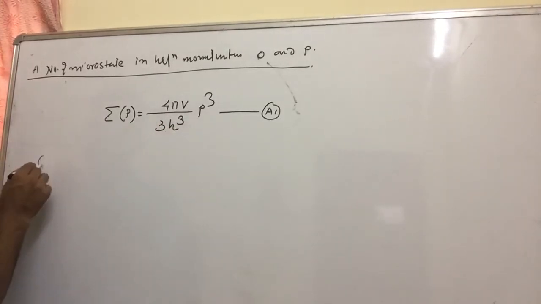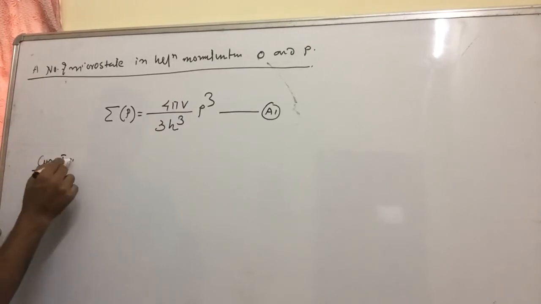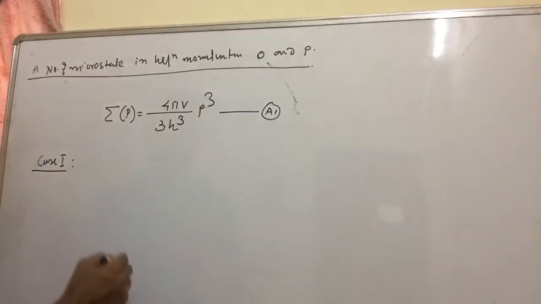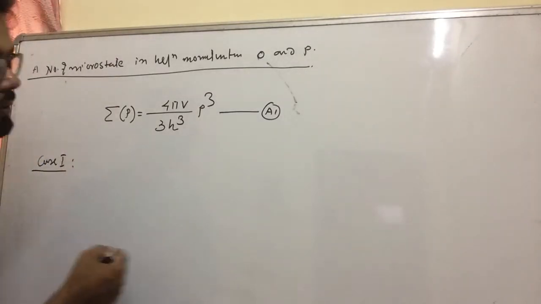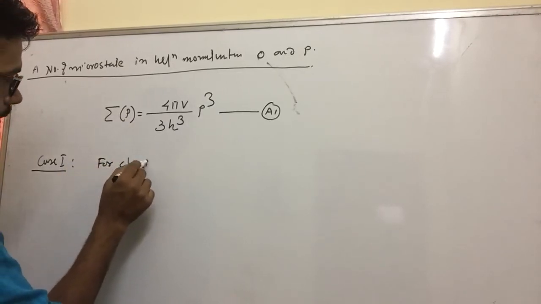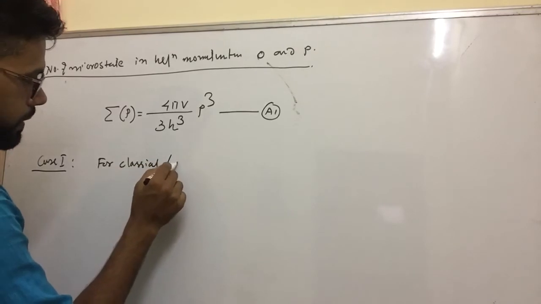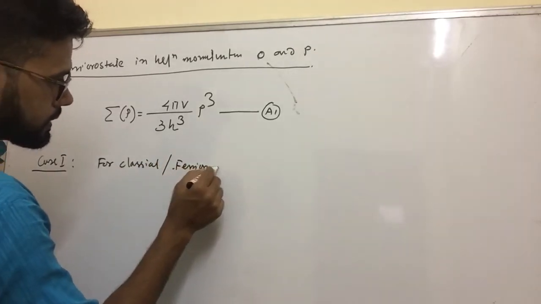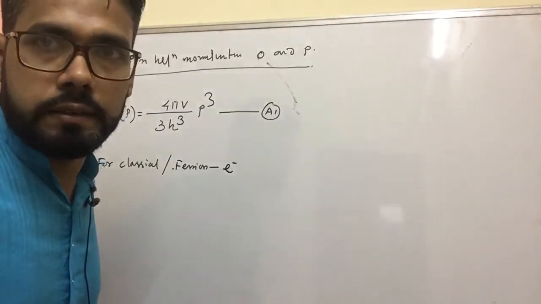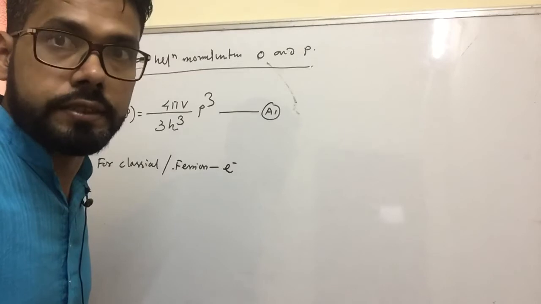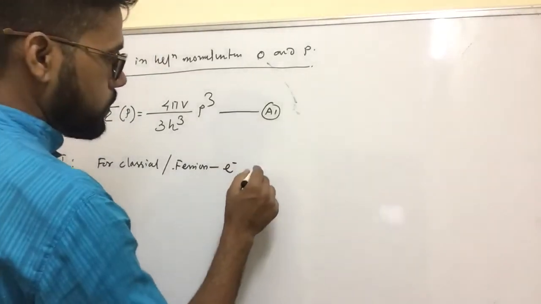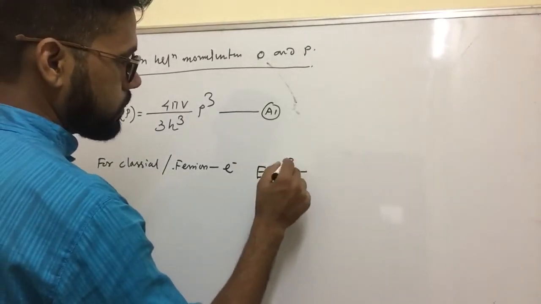Now case 1, suppose I want to express the number of microstate in terms of energy. For a classical particle, or fermion, say electron, proton, these are fermions because their spin is half integral, half h cross. Then we can express energy E equal to p square by twice m.